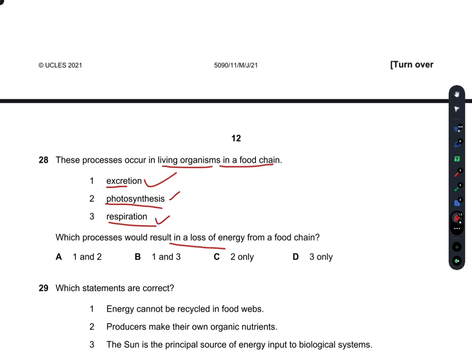Some of you might exclude respiration because respiration produces energy, but you also have to take into account that respiration always occurs when someone does an activity, and that is when the ATP is utilized, like when plants absorb nitrate ions.